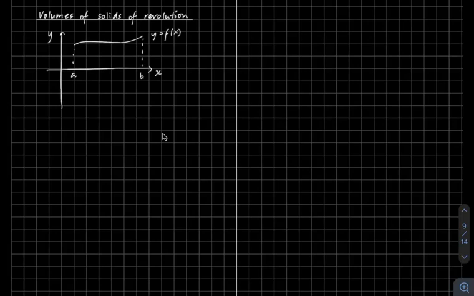Now, if we took that curve and rotated it about the x-axis, we would form a solid which vaguely resembles a cylinder. But rather than having a straight edge, it's going to have an edge which varies. Think of the point here where that distance is f of b, the value of the function at x equals b.